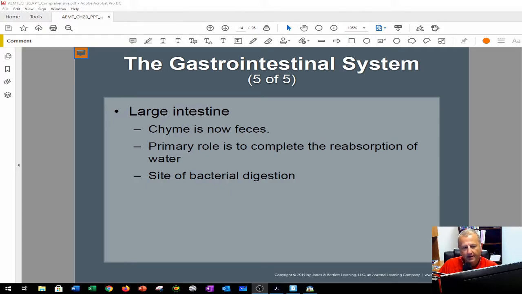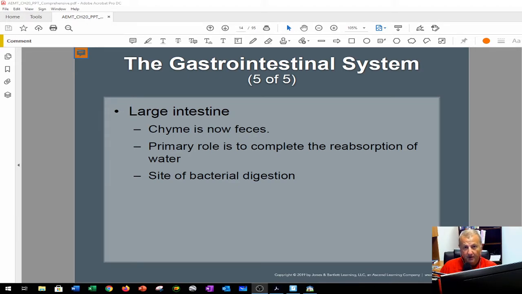So welcome back. We'll pick up where we left off, and that's going to be here at the large intestine. Once it reaches the large intestine, the function of the large intestine is basically to absorb water. Everything has kind of been done to this point.